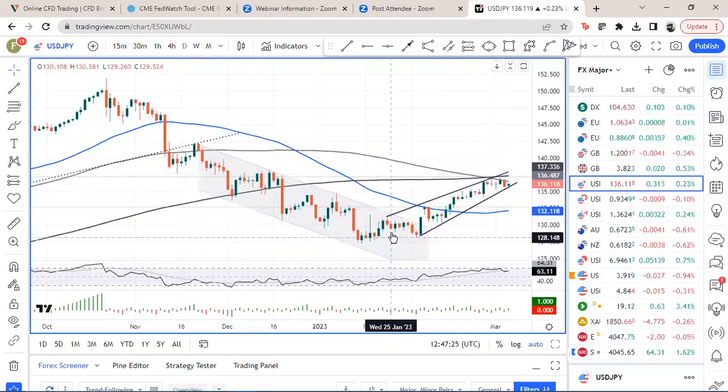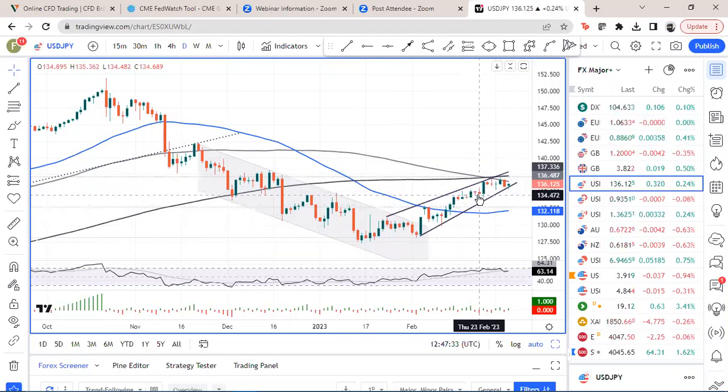So possibly a rising wedge. That's a reversal pattern seen in bear markets. It shows up when prices move upwards with prior highs and lows converging to a single point, an apex, and then we roll over. So potentially going back towards 135 or so.